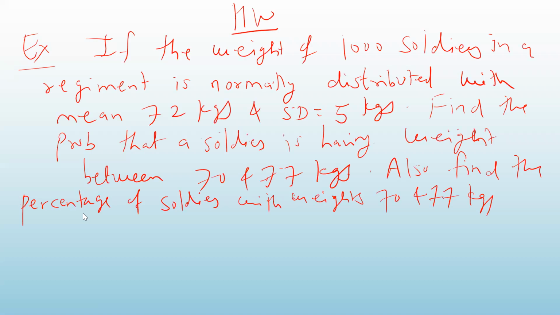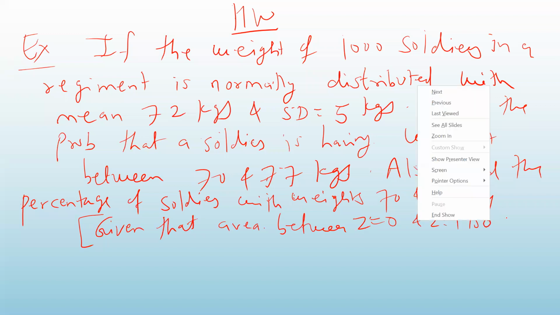So, you will be given the areas. Without that, you will not be able to find out. So you are given that area between z equal to 0 and z equal to 1. This is given to you as 0.3413.